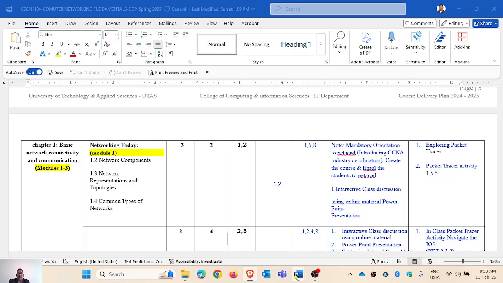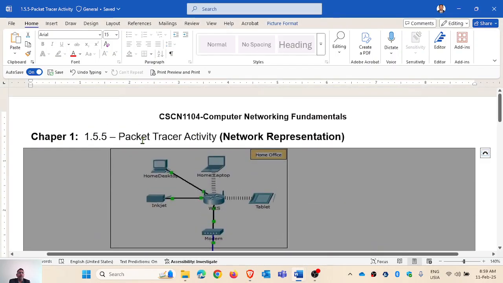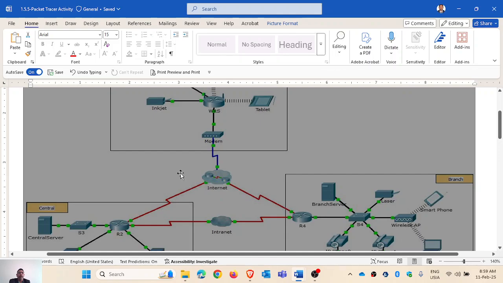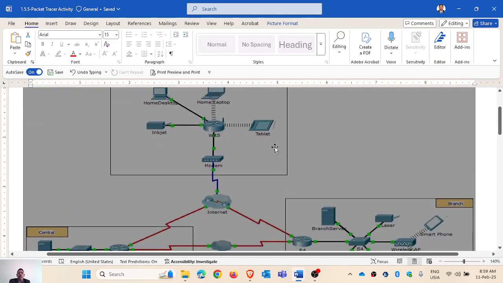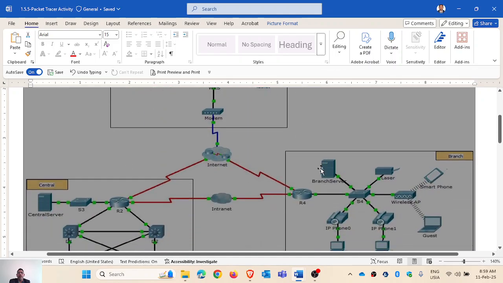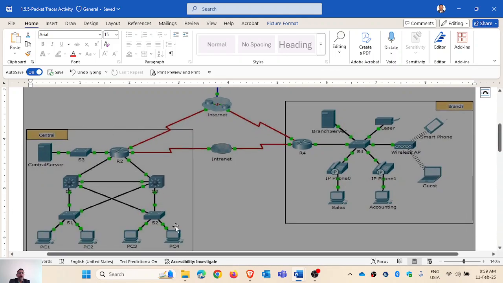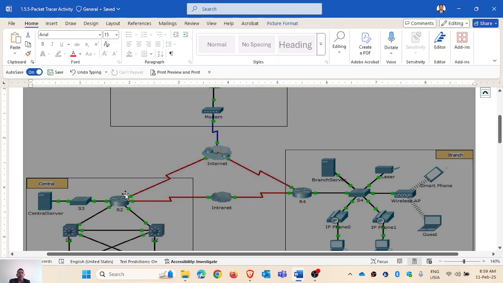Okay, so this is the topology for the 1.5 Packet Tracer activity, network representation. In this topology, this is one network, this is another network, and this is another network. All the networks are interconnected with the WAN.